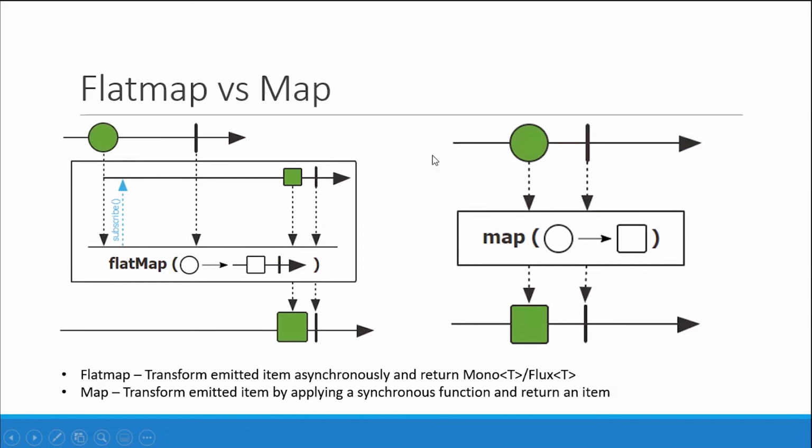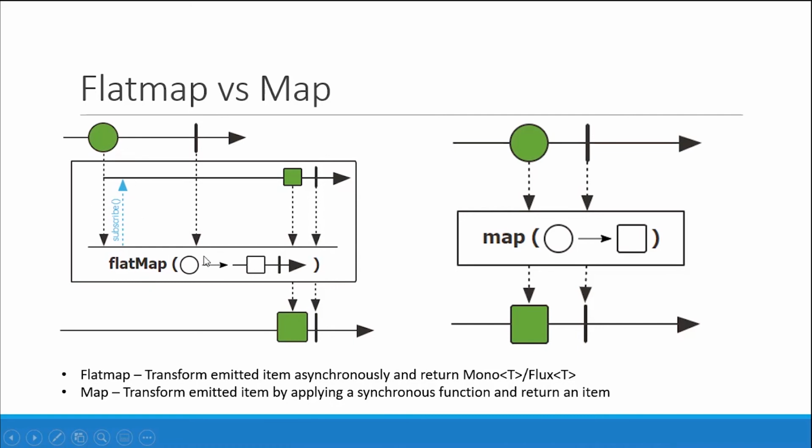Say we have some Mono timeline here. Once we call map, it changes the object to a square and emits on the same timeline. So this happens on the same timeline as the Mono timeline, I mean the result timeline. But in flatMap, it emits asynchronously. So if we get a circle, we create our own timeline inside the flatMap, and we subscribe to it from our operator.